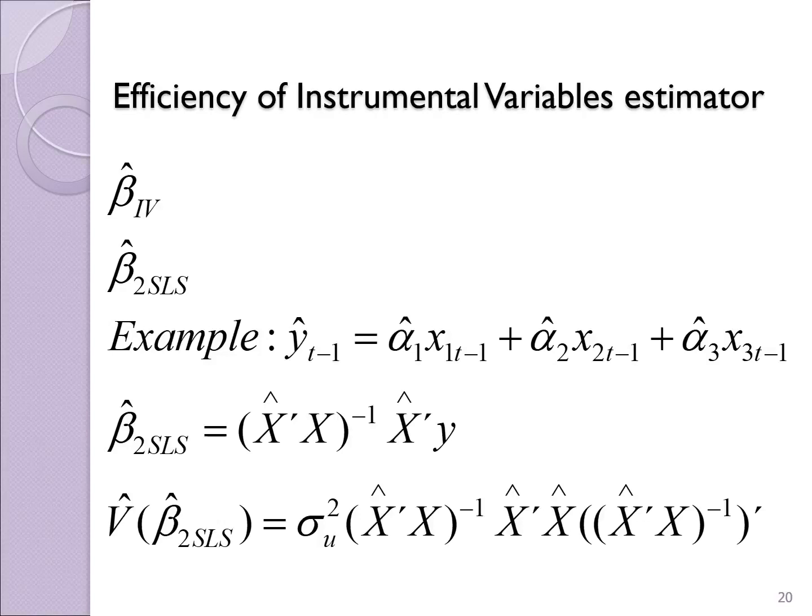Efficiency of the instrumental variable estimator, transparency 20, is very important. The idea is that in general instrumental variable estimators are not efficient.